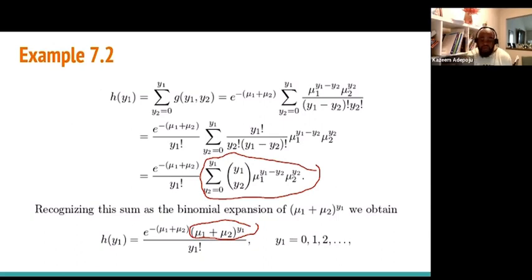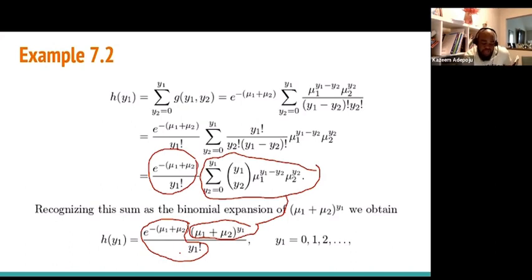You remember binomial expansion. So automatically this becomes this because we're using the idea of binomial expansion. This is the distribution I'm seeking, my h of y1 equal to that.